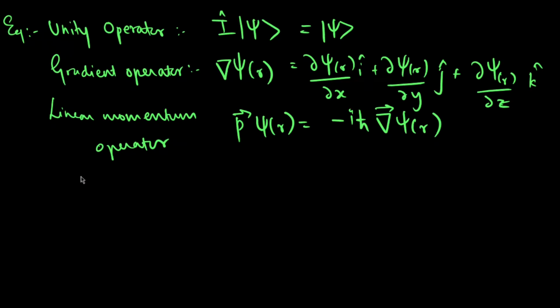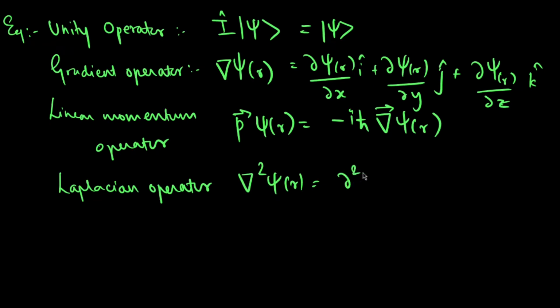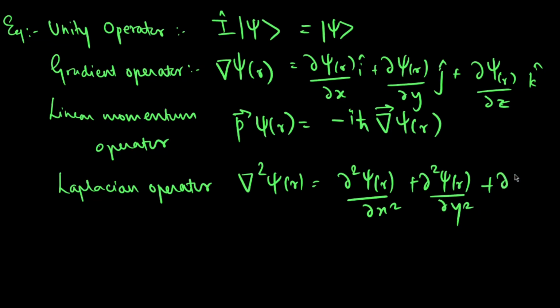Let's see the Laplacian operator. Del square psi r is equal to dou square psi upon dou x square, plus dou square psi upon dou y square, plus dou square psi upon dou z square.